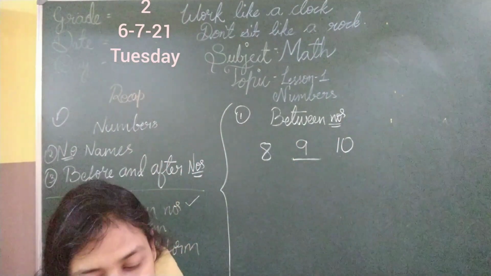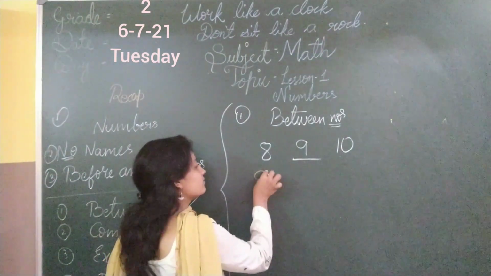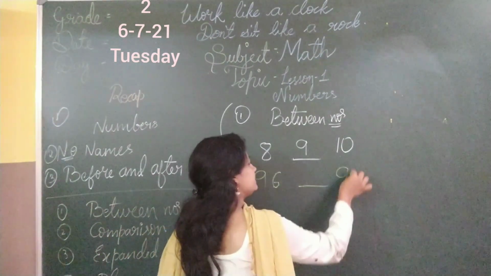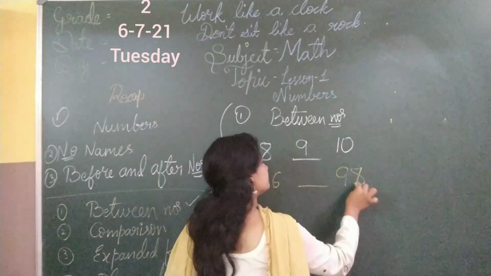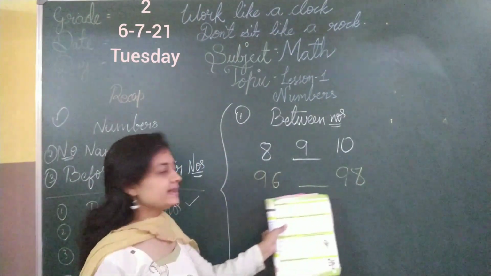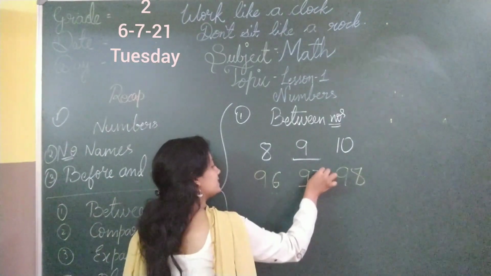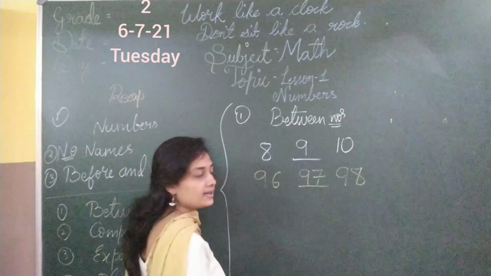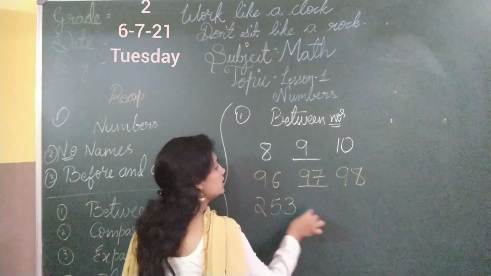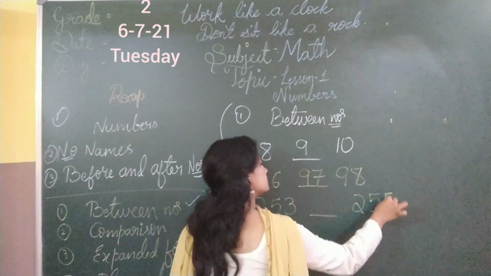That's so simple. Now let's take a little bigger number. Example, I have 96, a blank, and 98. The number that comes in between 96 and 98 is, after 96, 97. So this is the number. Let's identify a 2-digit or 3-digit number also. The method is the same.